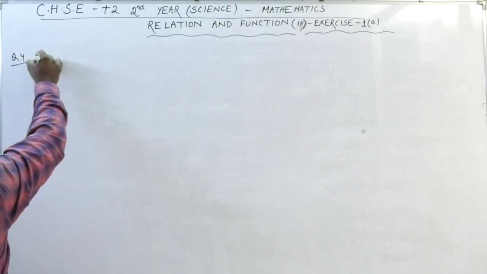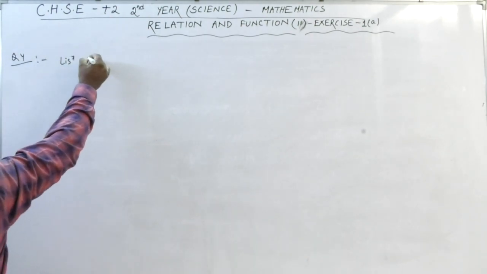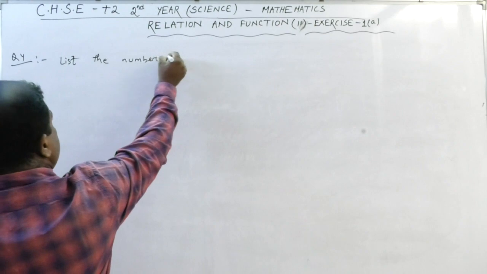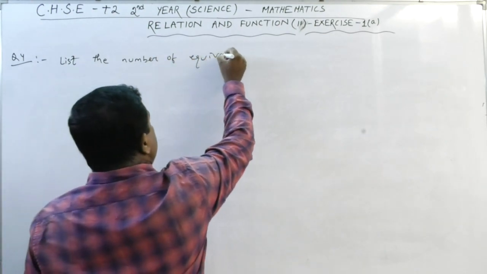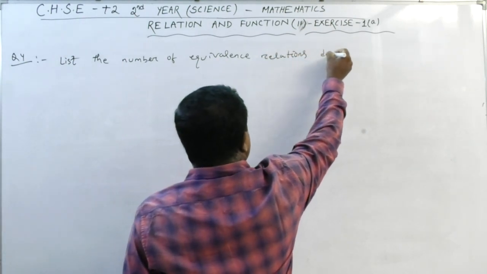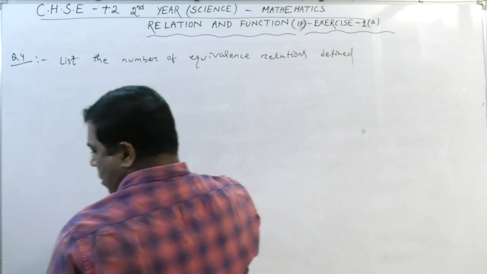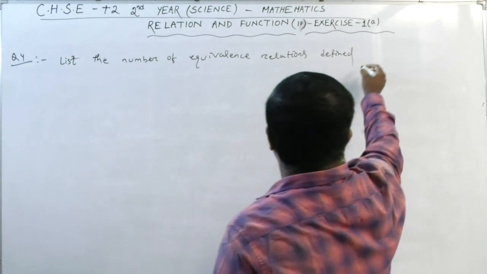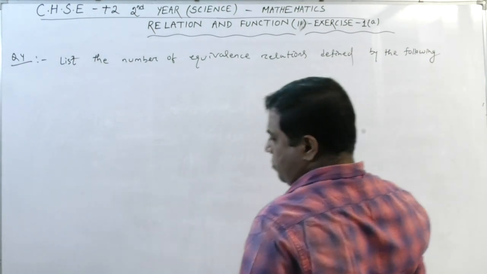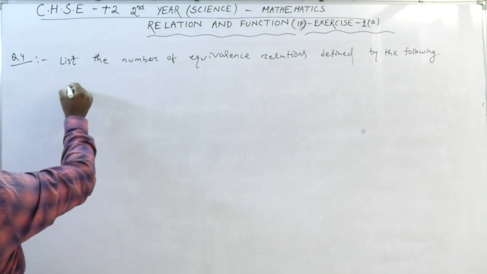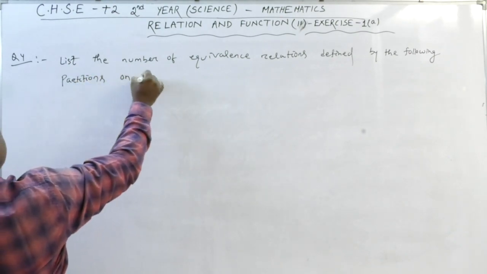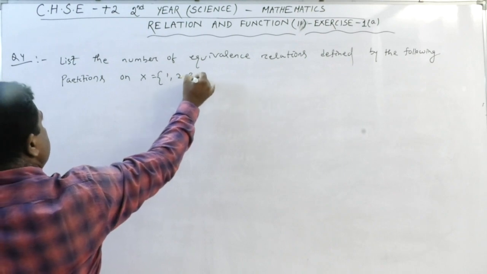Question number 4 is given: list the number of equivalence relations defined by the following partitions on X equal to {1, 2, 3, 4}. Okay?